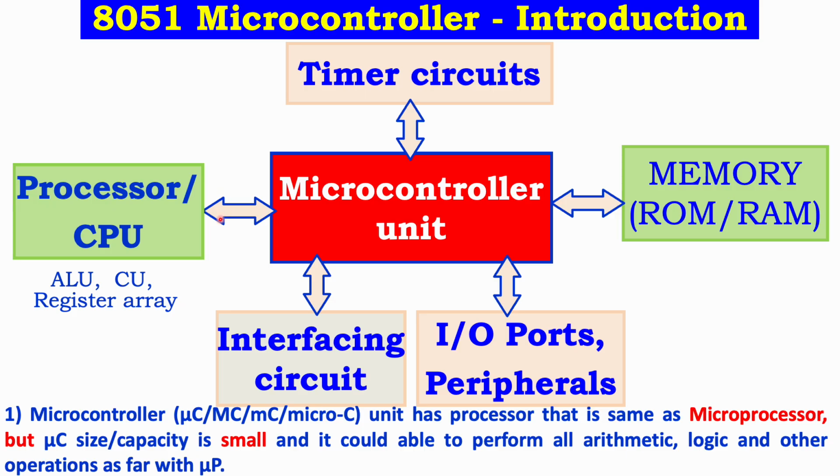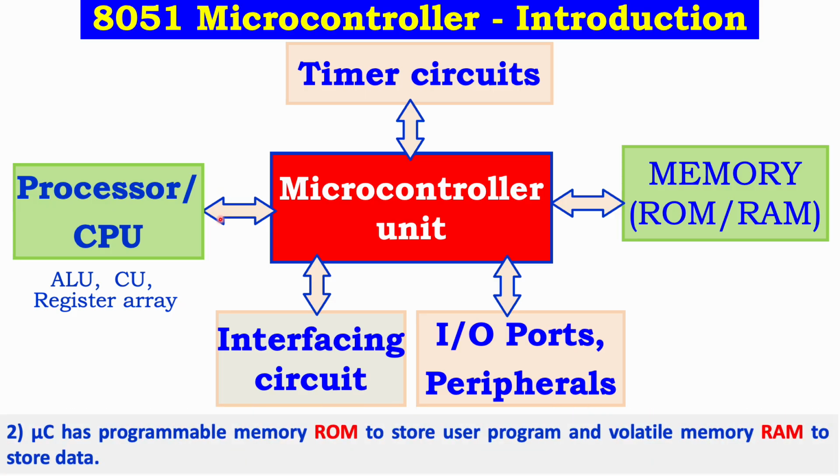Now let us see the second point. The microcontroller has a program memory that stores the program instructions from the user for fetching. So this is the ROM, and this memory also includes RAM to store the data. So this is the second part.